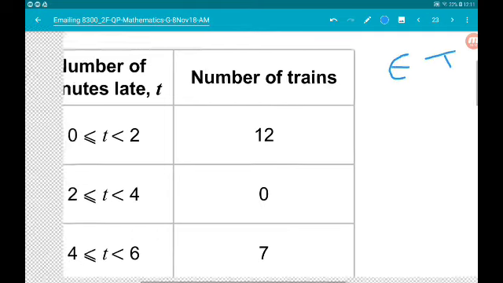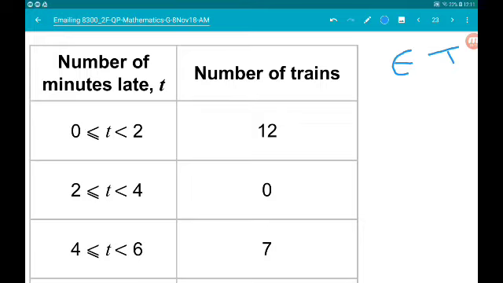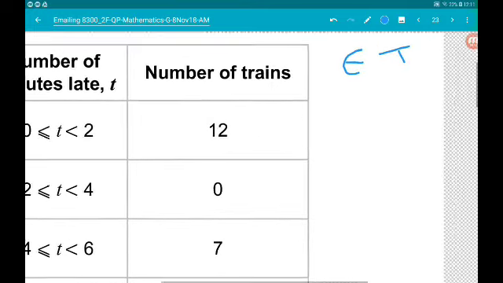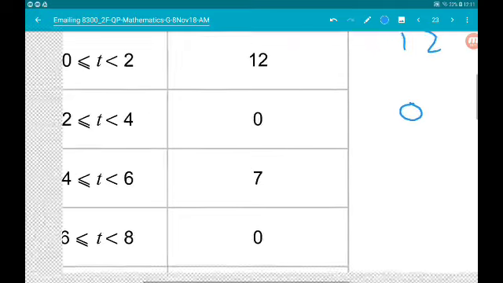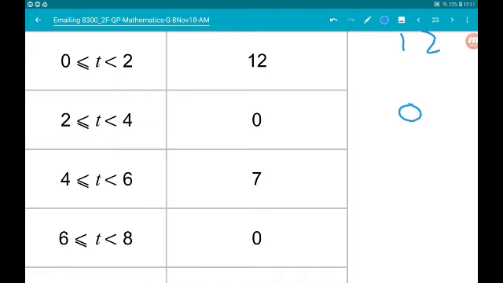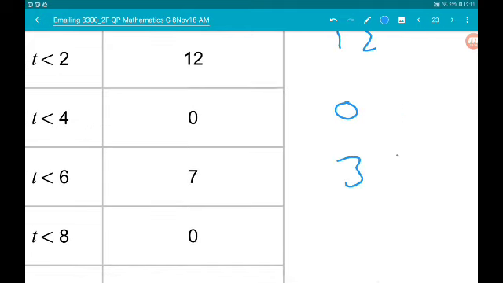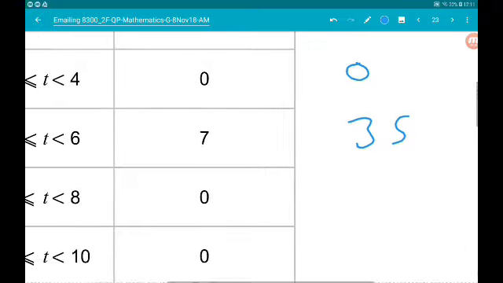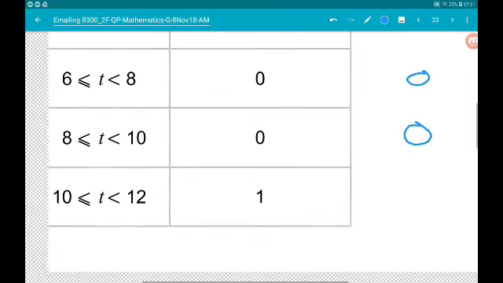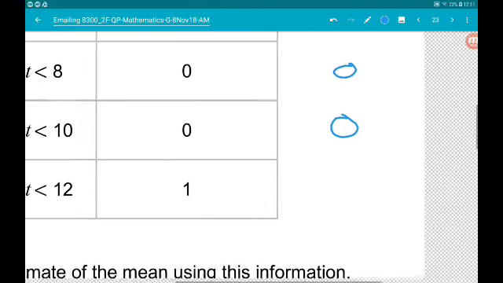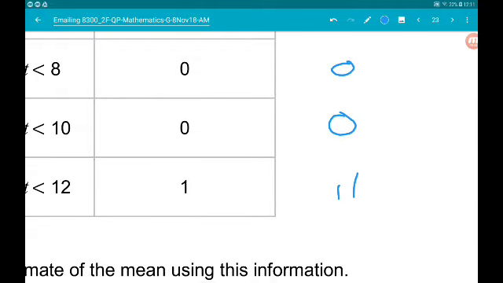is the midpoint times the number of trains. So we got 1 times 12 is 12. There's a 0 in this one anyway, so we don't care. Midpoint then is 5 times 7 is 35. 0's in there, so we don't care. Then we got 1 times 11, which is 11.